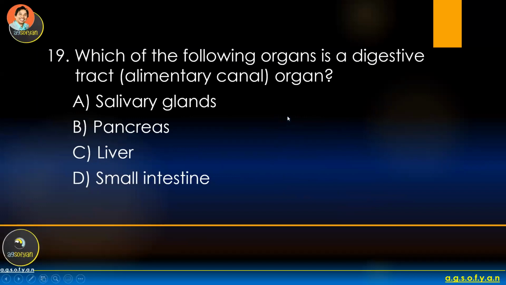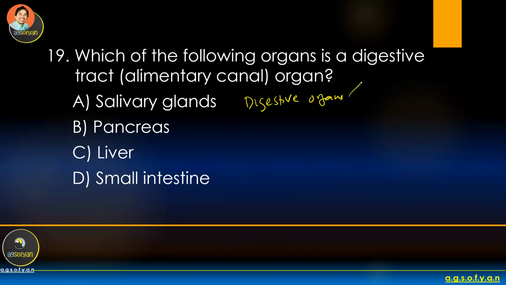Which of the following organs is a digestive tract or alimentary canal organ? A, B, C, or D. Just remember the digestive organs are divided into two types.